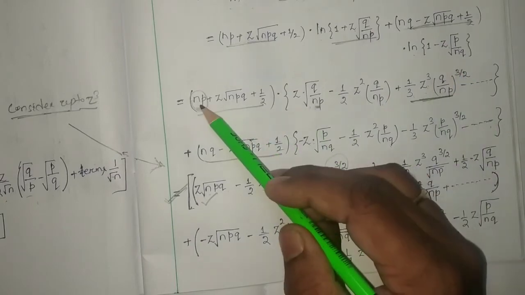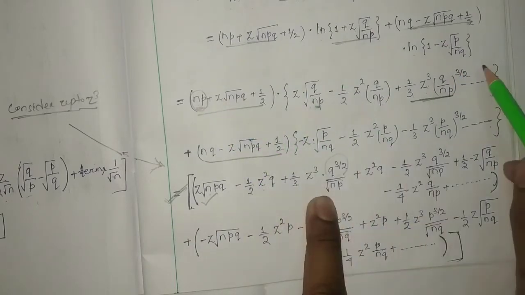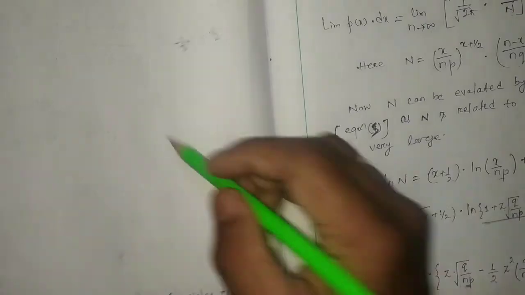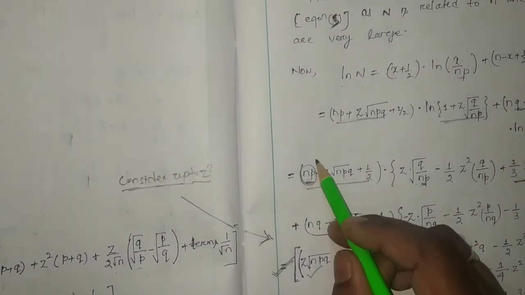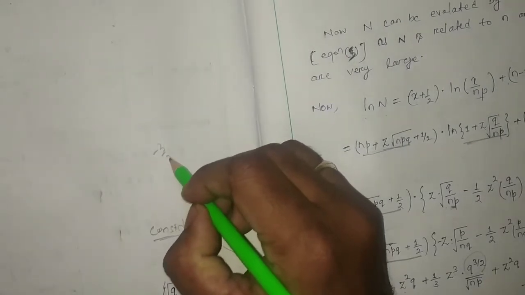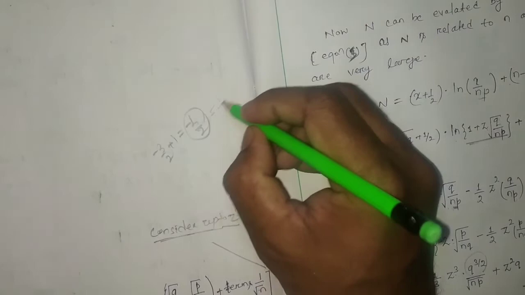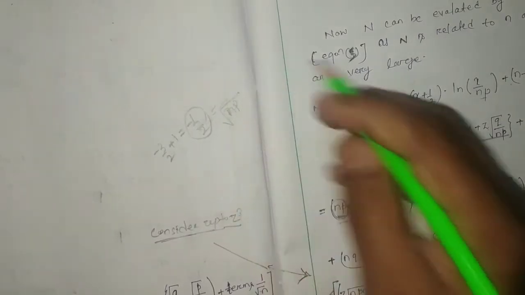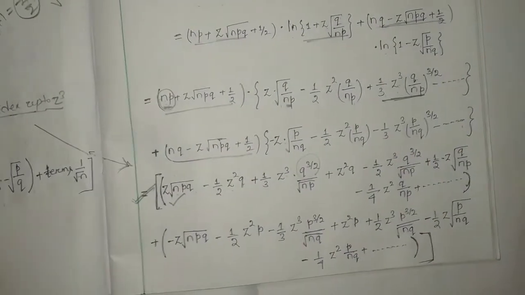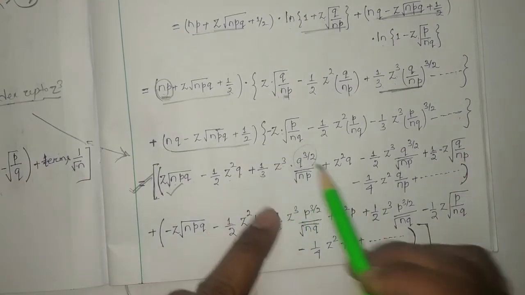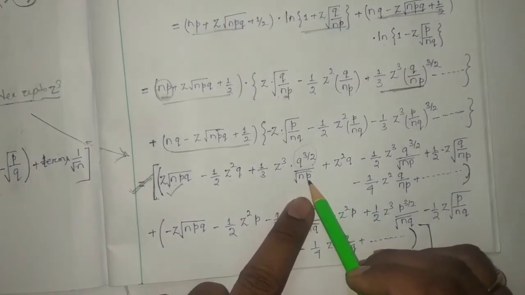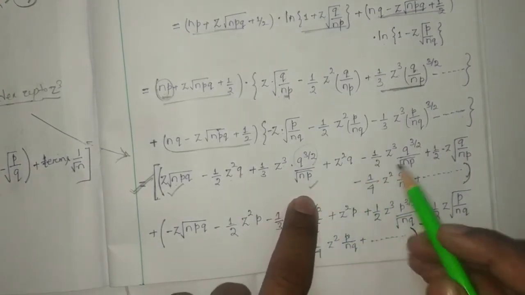This is np to the power 1 minus 3 by 2, which is minus 1 by 2, that means 1 by root over of np. The same thing has been written over here, root over of np.